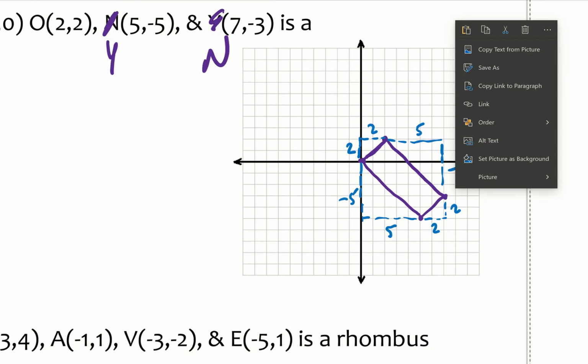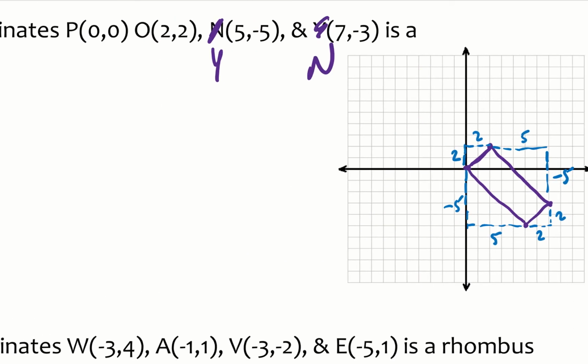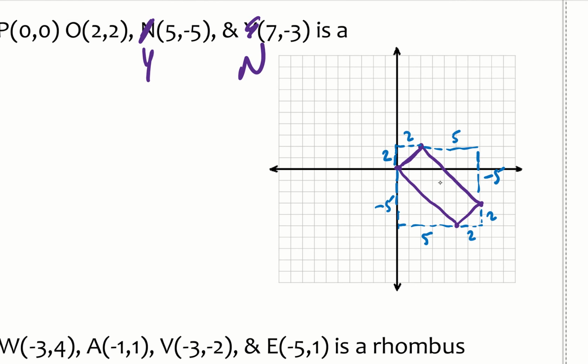And so let's go ahead and list out the coordinates here.